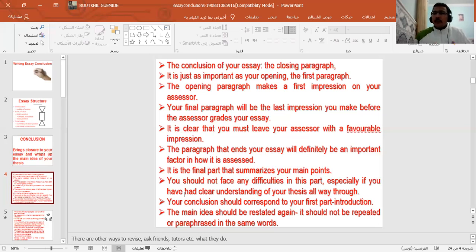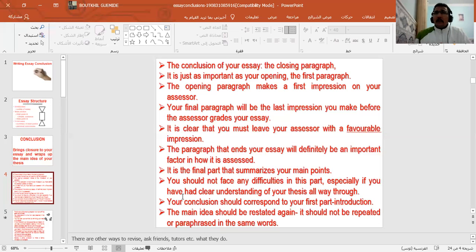So the impression of your teacher or your tutor is to give you a good grade. So try to convince him in the concluding paragraph that all that I have discussed, all that I have written, deserves a good grade.